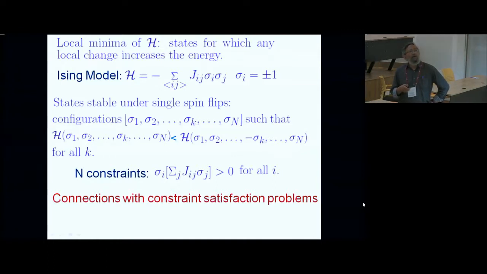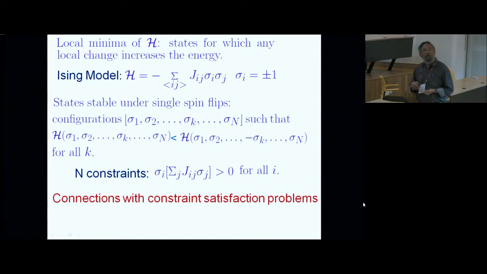But the point is, given these sigmas, one can of course calculate what the value of the energy is going to be. Now the question is, there are some special states such that if I take that spin configuration and flip, meaning change the sign of sigma from +1 to -1 or the other way around, if I change, let's say, the kth spin from sigma k to minus sigma k, and any such change actually increases the energy of the system, then I would call that state a local minimum, or a state which is stable under single spin flips.